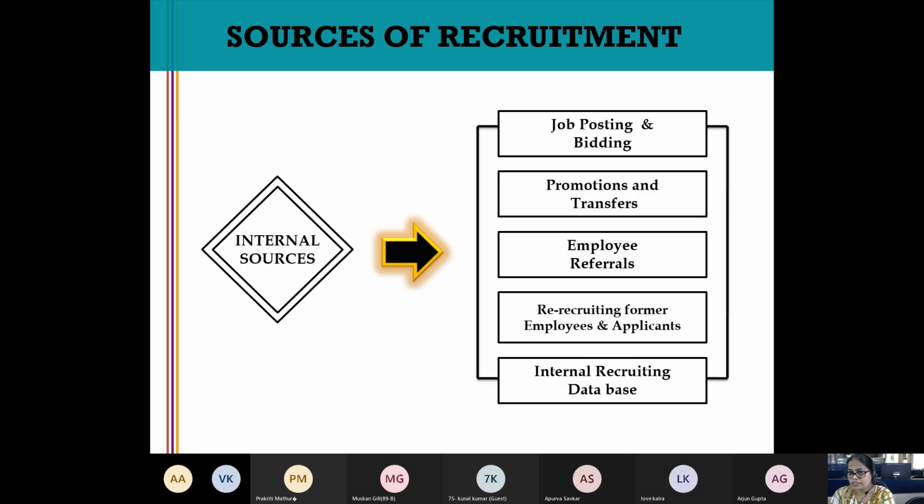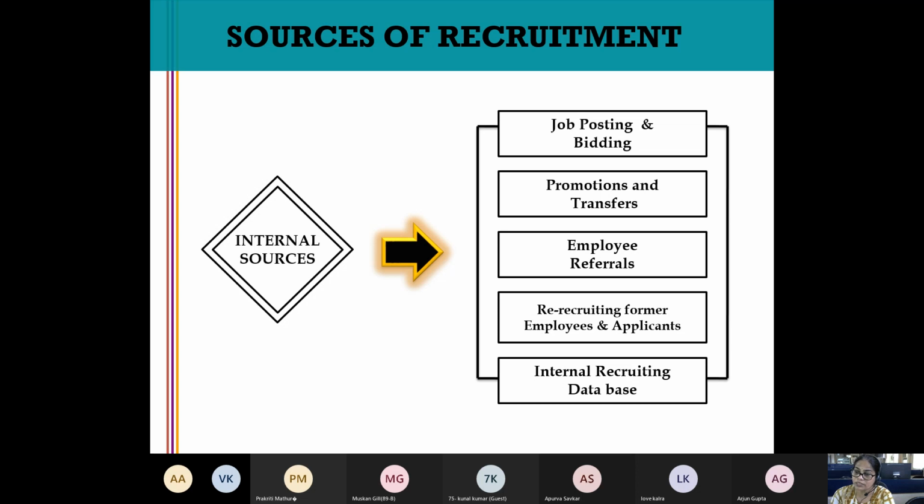Internal sources, as I've told you: internal job posting or bidding, promotions or transfers you may take up. Employee referrals: an existing employee can bring in his friend or relative. They are known as employee referrals. Many companies take care of their staffing activity by employee referrals.